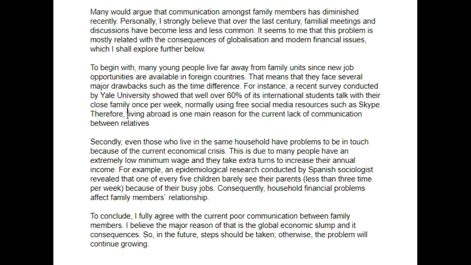Therefore, so we've talked about the fact that they are living in foreign countries, but why are they?